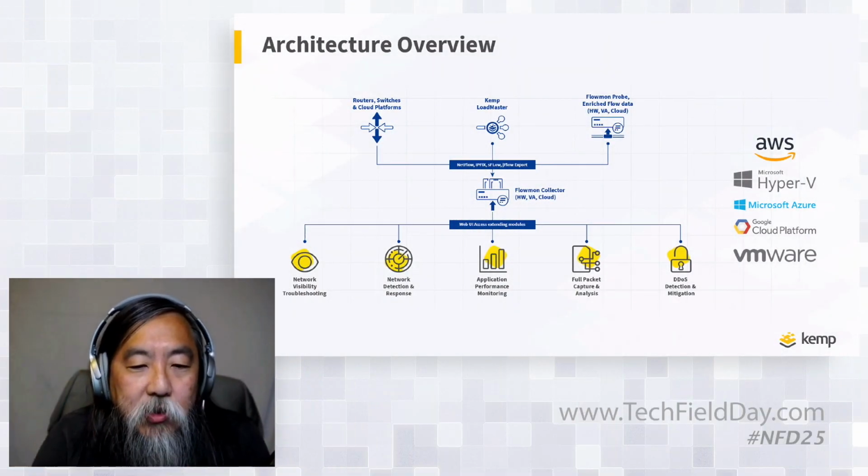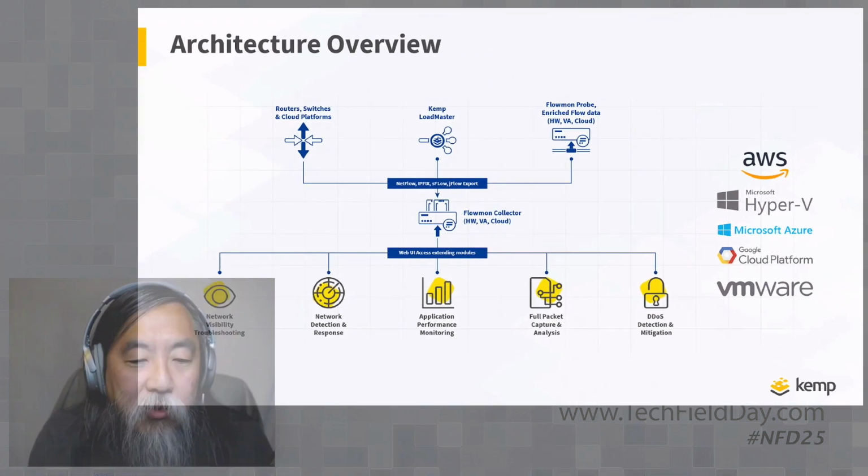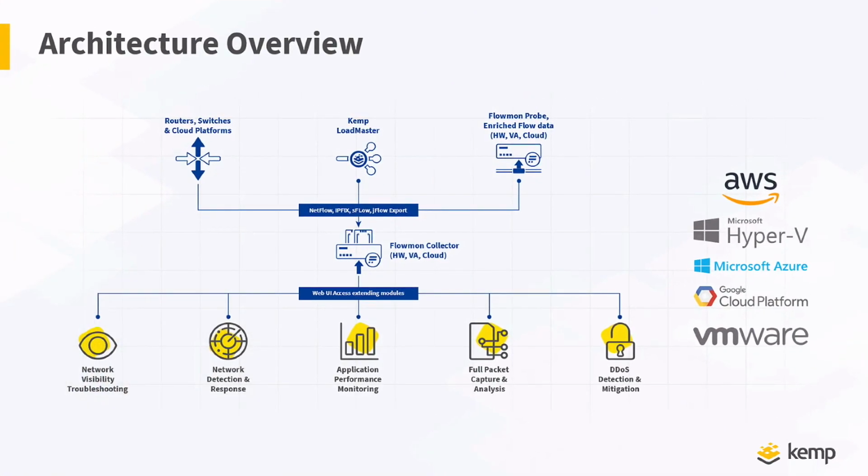That is correct. So again, real quick at this overview, we have the Flowmon collector in the center, which is our flow collector, and it is providing the functionality in terms of what it can display, whether it's going to be this NPMD, this network visibility, this network performance management, whether it's going to be anomaly detection for security threats, application performance monitoring, DDoS detection, and analysis.